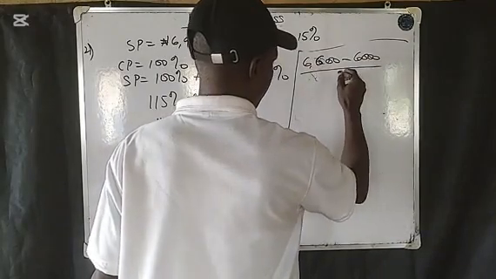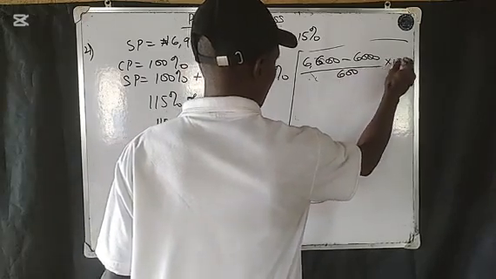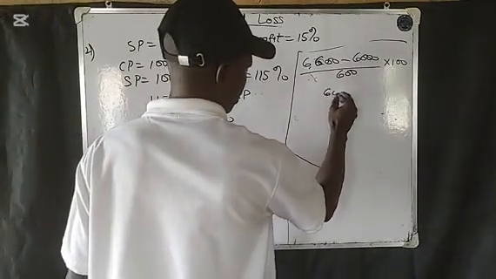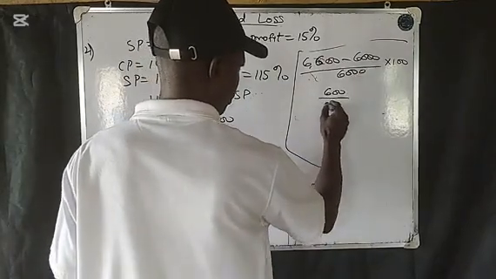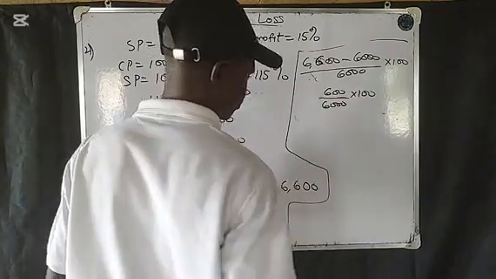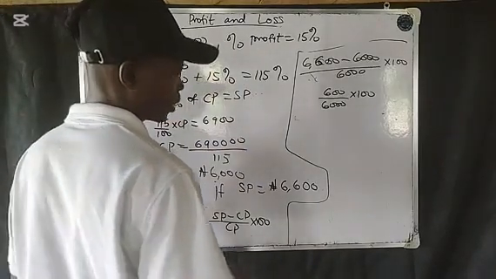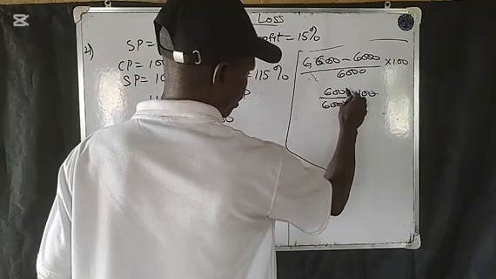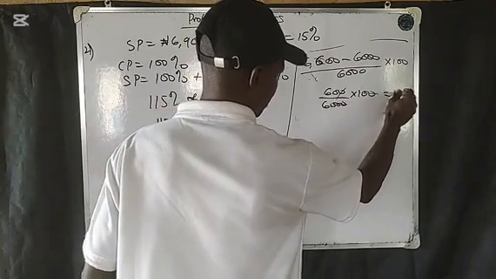Over CP times 100. The difference of this amount is 600, right? So this is 600 over 6,000 times 100, right? We cancel this, 6 goes in 60. That will be 10%.